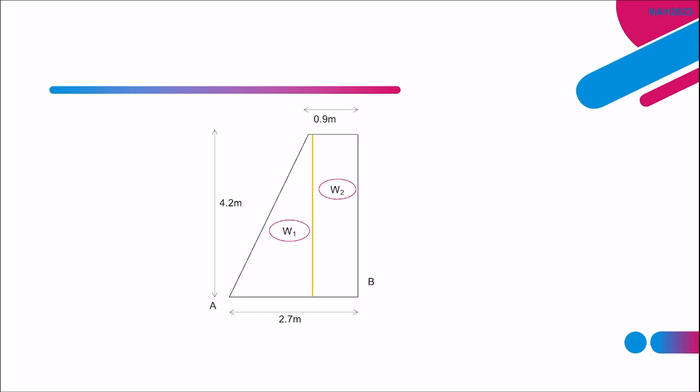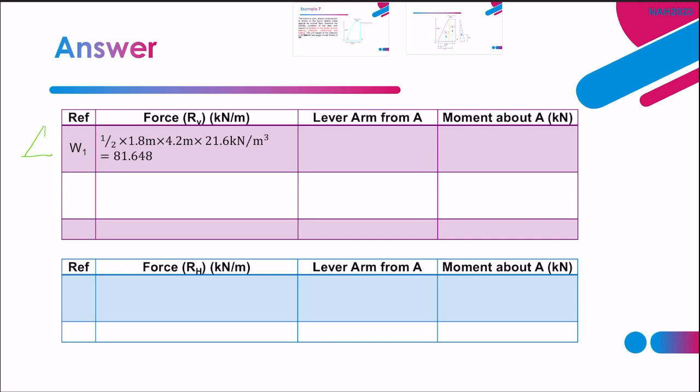This is the triangle and we know that the length of this is 1.8 meter because 2.7 meter minus 0.9 is 1.8. So let's go back. 1.8, 4.2. Therefore, the area of this triangle is 1/2 times the width 1.8 and the height is 4.2.